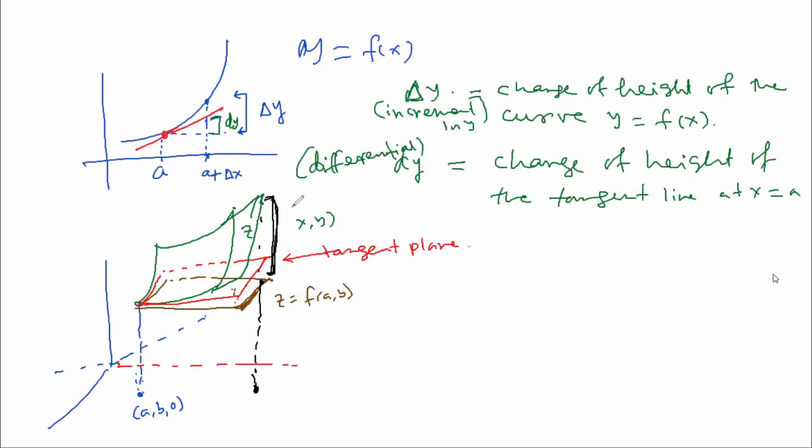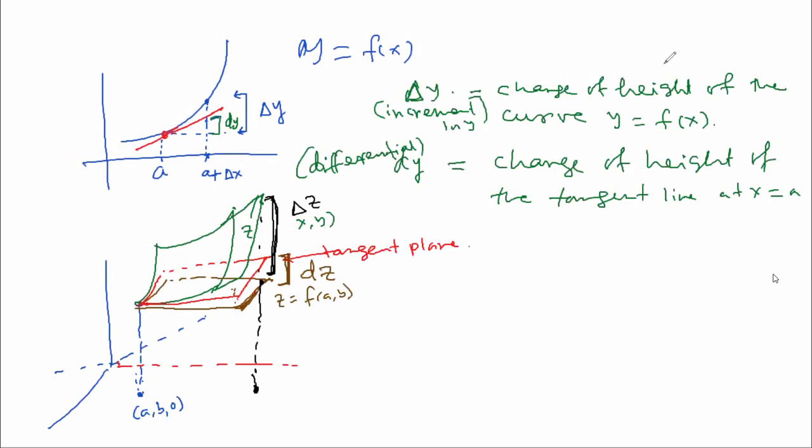So this is your increment in z, okay? That's increment of z. What is differential? Differential is, I have to use a different color. So the differential is the change of height in the tangent plane. That's dz.